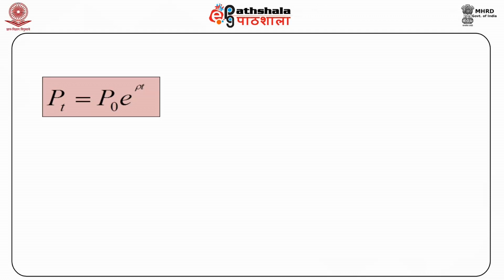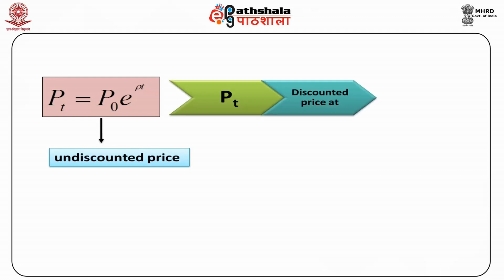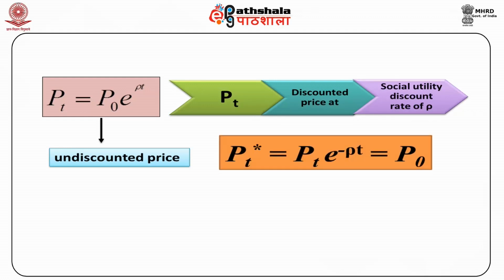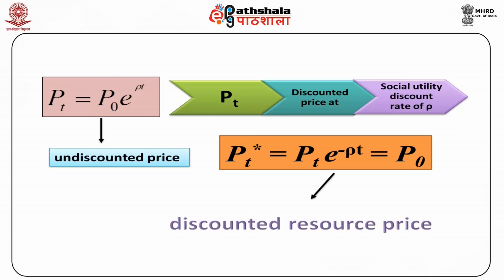In the equation, P_t is the undiscounted price of the natural resource. If P_t is discounted at the social utility discount rate of rho, we arrive at P*_t equals P_t e^(-rho t) equals P_0, where P* is the discounted resource price.